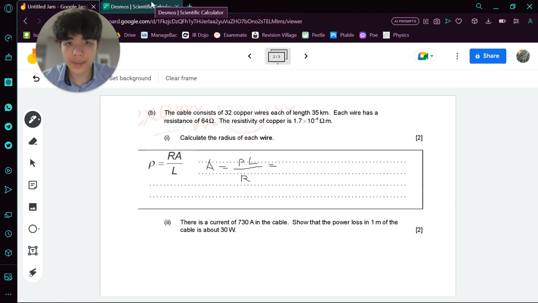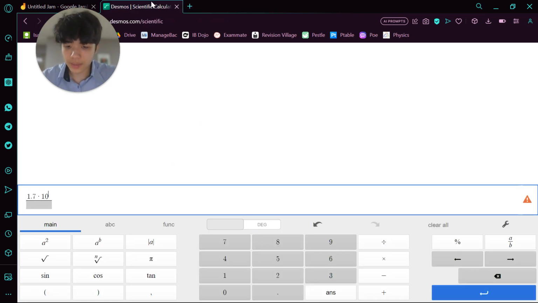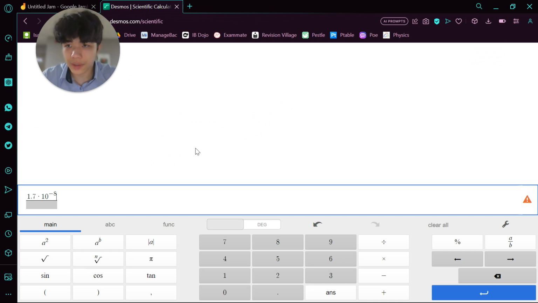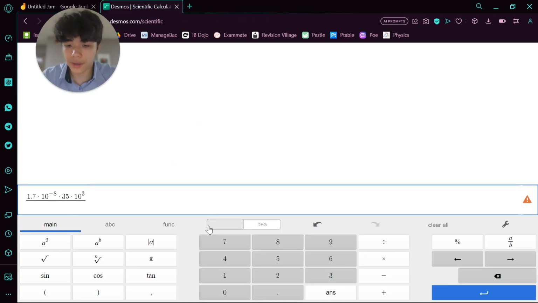So that would be your area, which is equal to 1.7 times 10 to the power of negative 8, times the length, which is 35 kilometers. So times 35 times 10 to the power of 3 for kilometers, then divided by resistance, which is 64.